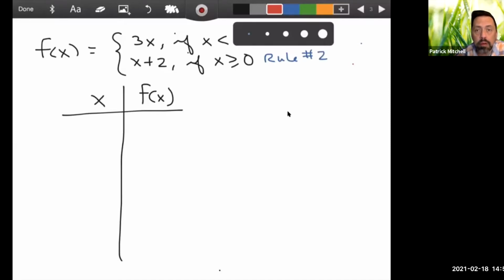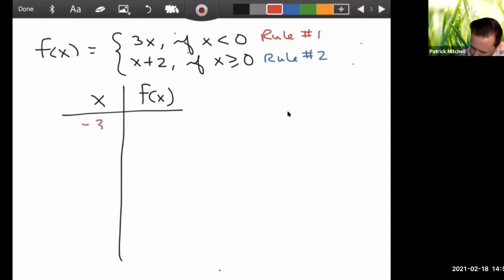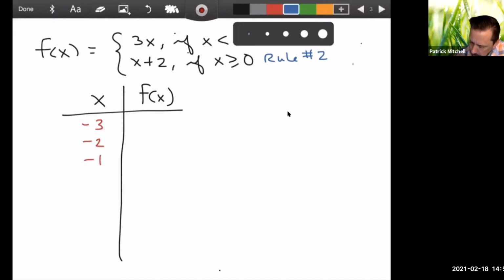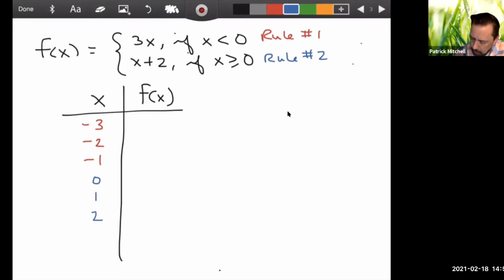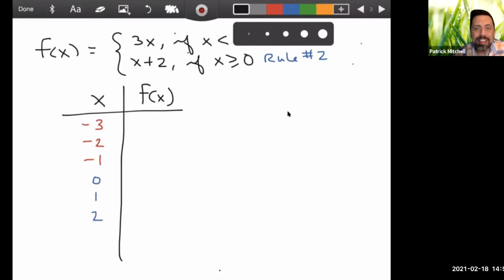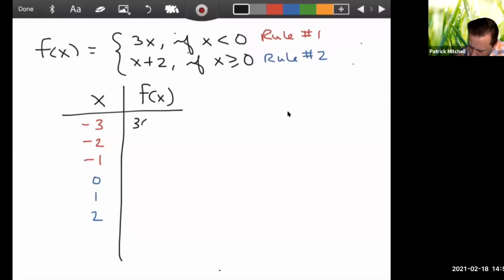Those would be numbers that are less than 0. Let's say -3, -2, -1. And then I'm going to pick some numbers that fit rule number 2. Let's say 0, 1, and 2. All right, so notice that rule number 1 says take the number and multiply it by 3. So that's a pretty simple rule.